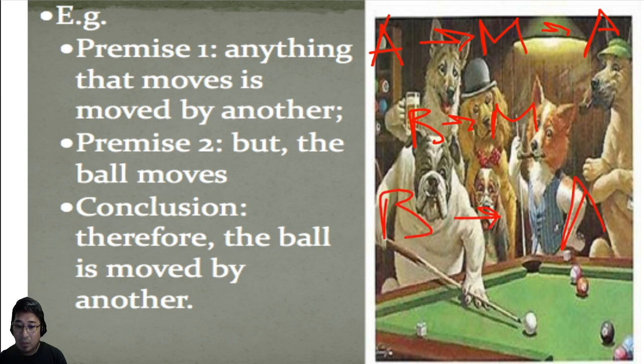So if I'm going to employ the rule of syllogism, tanggalin lang natin to. Ang matitira is this one. Anything that moves is moved by another. The ball moves. Kinancel natin to. Rule of syllogism. Ito yung connection. Rule of inference. The ball is moved by another.